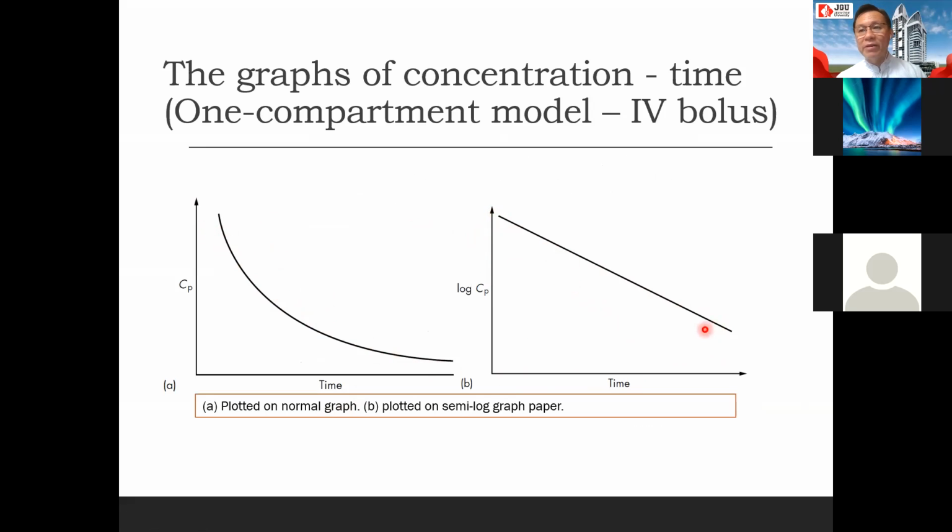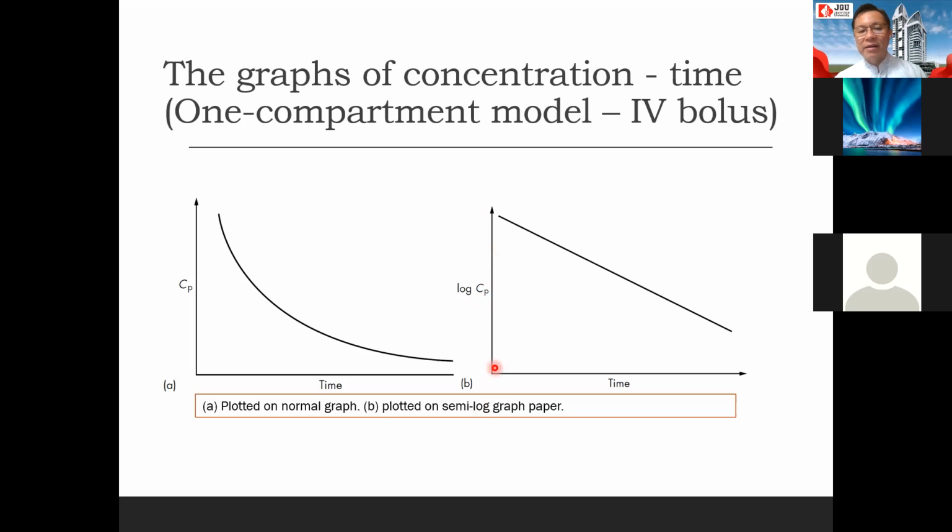Why do we call it semi-log? Because this axis is logarithmic and this one is normal. Because one side is normal and another side is logarithmic, it is called semi-log. Understand? On the semi-logarithmic graph paper, it increases like 0, then 1, 10, 100, 1000.